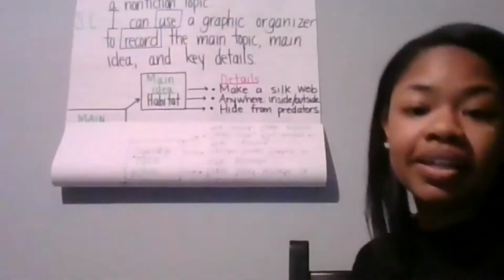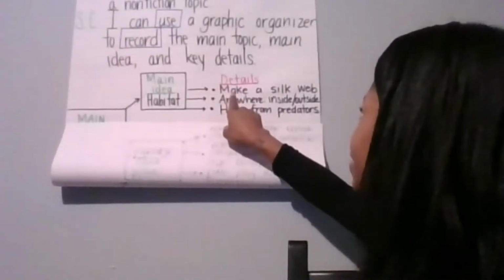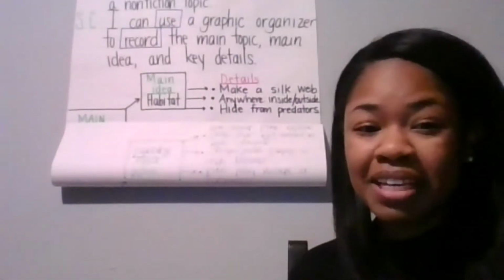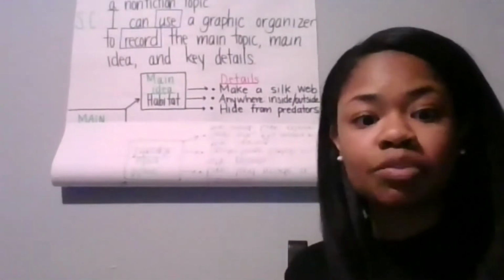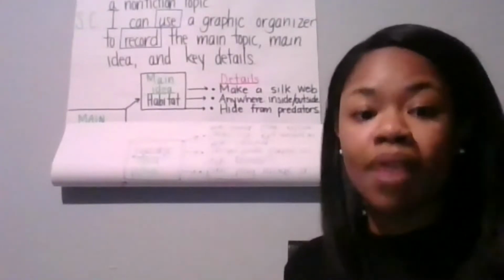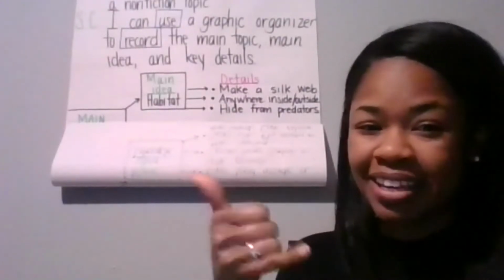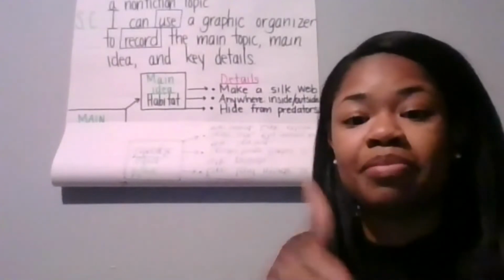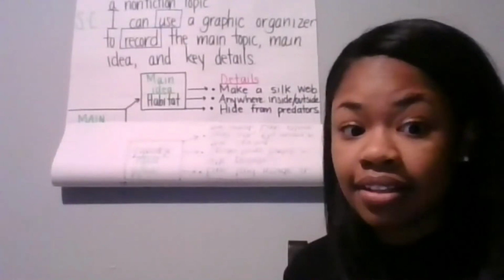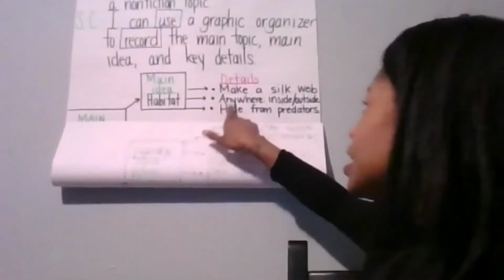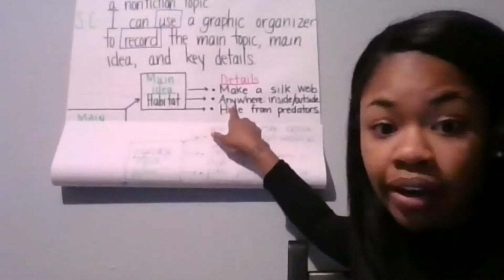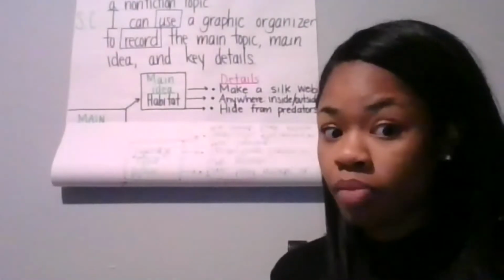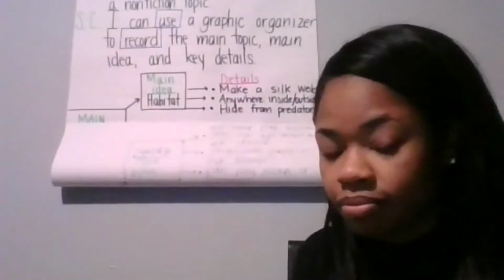All right, one key detail is that they make a silk web. That definitely speaks to the habitat. Where does the spider live? In a web. Show me the agree sign if you also thought of that key detail. Nice job. All right, the next key detail that I thought of was they can make their webs anywhere, inside or outside, inside our home or outside our home.